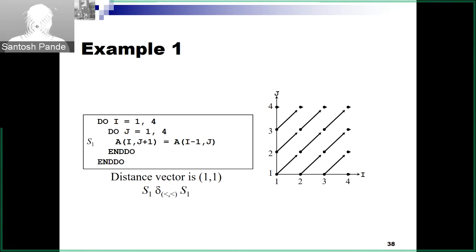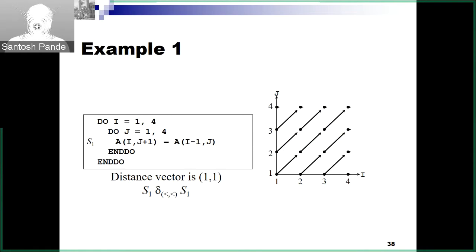So in this particular case of this particular distance vector, this is how the iteration space is being traversed, and the distance vector is in the I loop. You can see that in this particular case, the direction vector is less than.